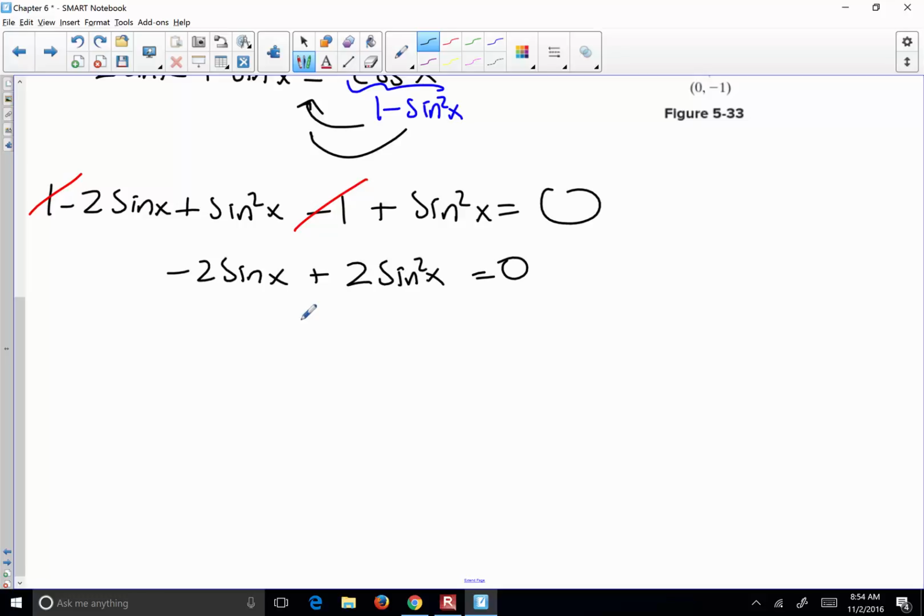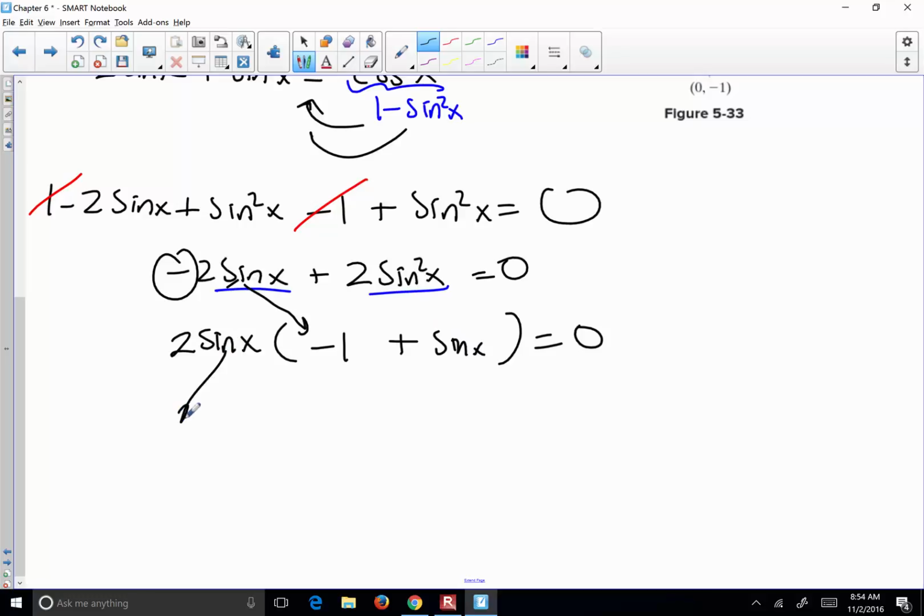Factor. Factor, what's common between these guys? What is it? Sin x. Not only sine, it's actually 2 sin x. 2 also common. So if I borrow 2 and sin x here, it's actually negative 1 left on this guy, right? And if I borrow 2 and sin x, it's sin x left.